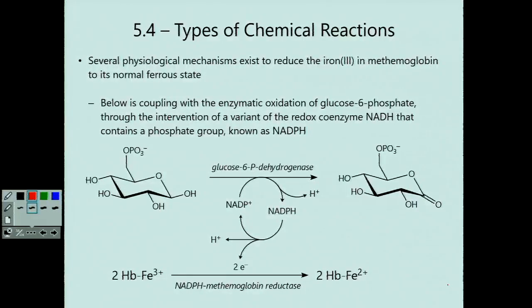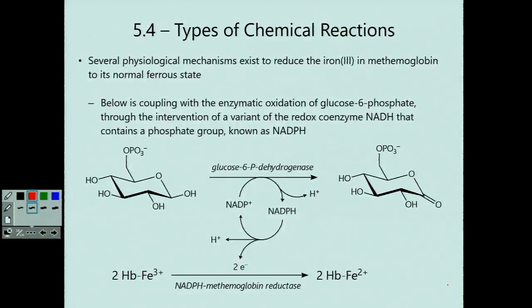So we're going to talk here and there about some genetic disorders related to enzyme deficiencies. If you have a glucose 6-phosphate dehydrogenase deficiency, which is a well-known disease, then you have major problems with oxygen delivery because you have much elevated levels of methemoglobin, and that causes problems.